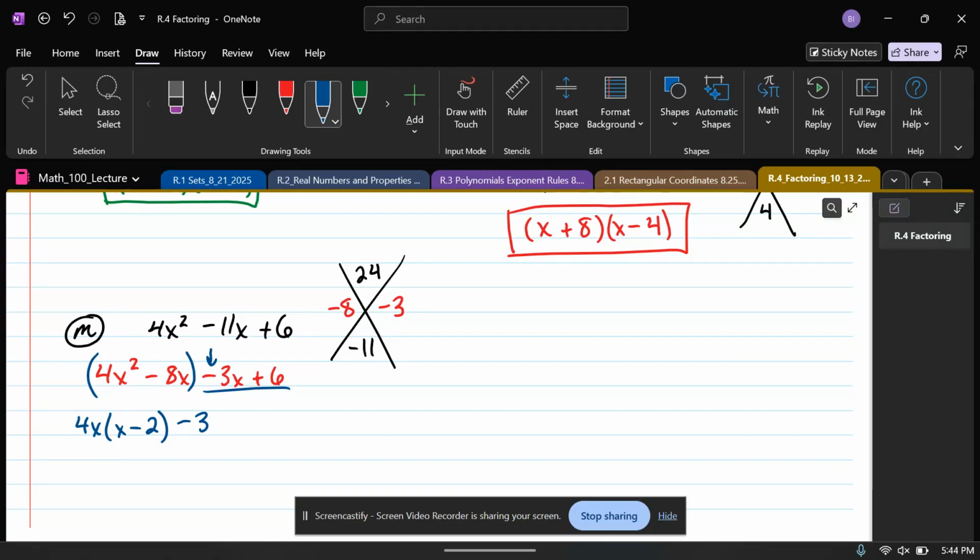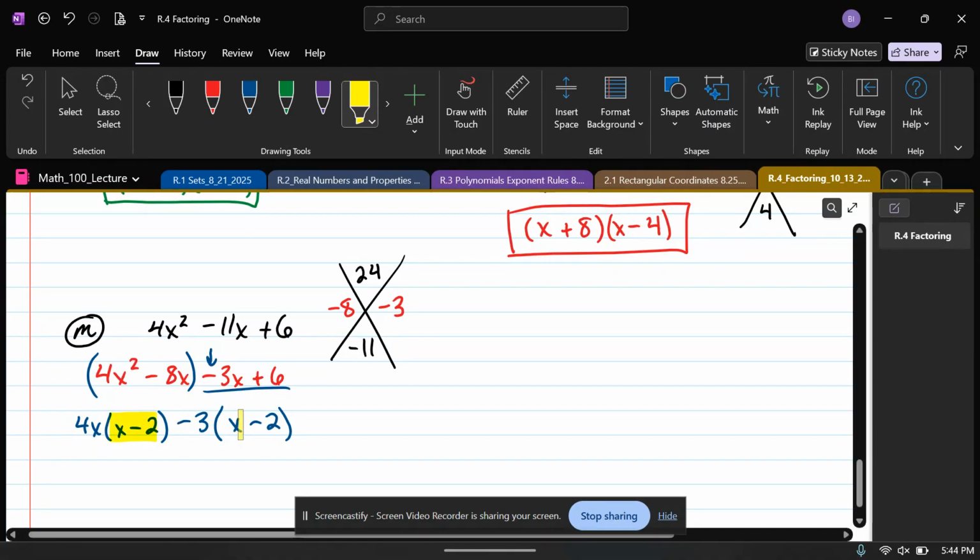So that's going to give us a negative 3, and that'll leave us an x minus 2 in the parentheses, because negative 3 times negative 2 is where the positive 6 is going to come from. Now we've got the parentheses to match. That means we did things well. And so my factors are x minus 2 and 4x minus 3.